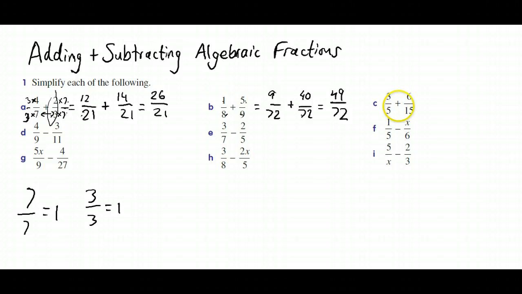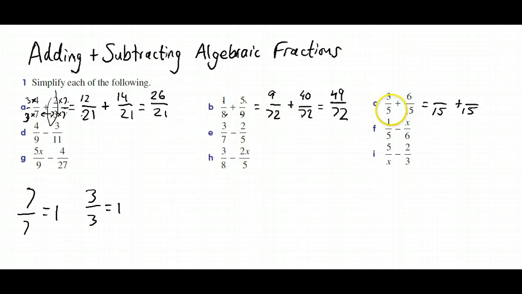Okay, on to the next one. Lowest common multiple for these two, it's going to be 15. We could multiply them together and get a common multiple that way, but we should know that 5 goes into 15, so 15 can be the lowest common multiple here, or the lowest common denominator. So we're going to have 15 on the bottom of both fractions.